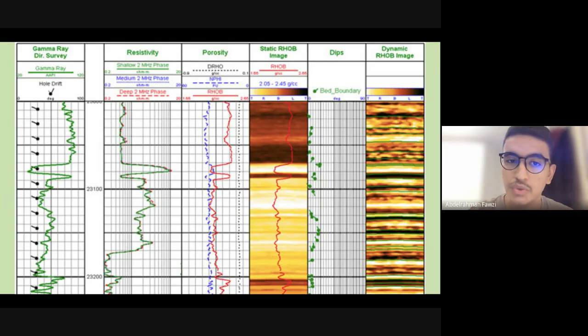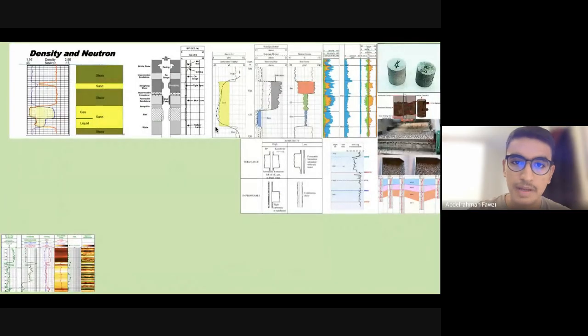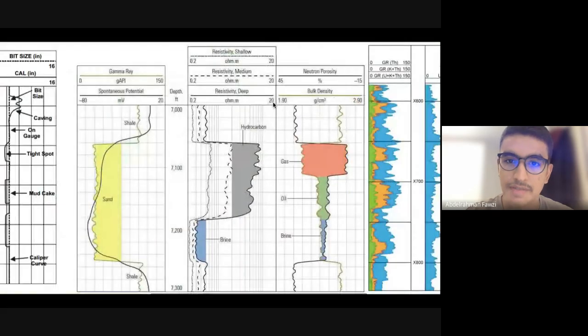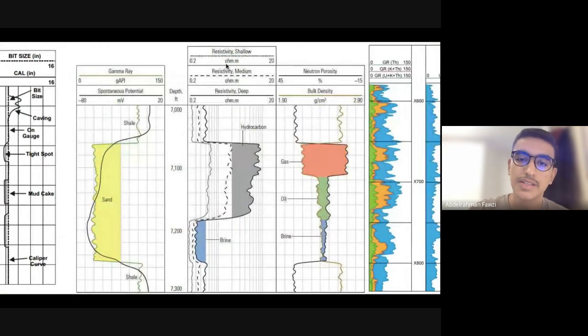So what we actually do is, I would show you a picture that might contain some information. Yes. So this is the resistivity. So this is, for example, hydrocarbon. It is very resistive.